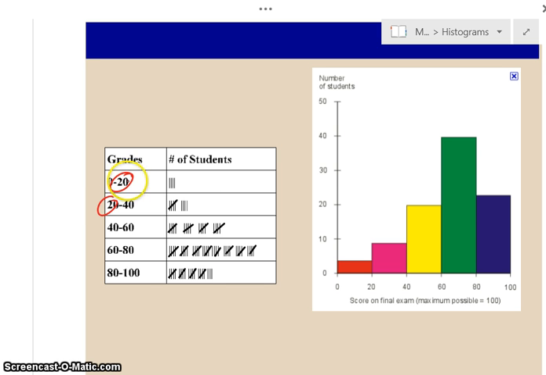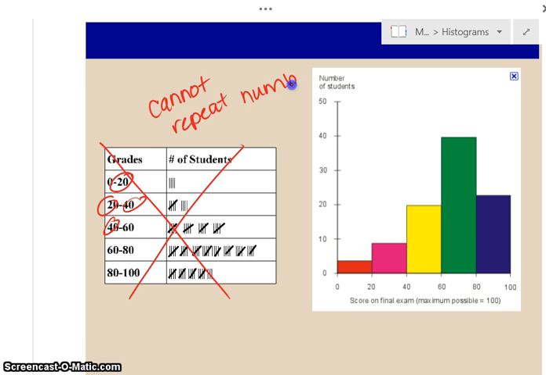Here they're repeating 20 in the first 2 intervals, they're repeating 40 in the next 2, etc. So this is actually bad. You cannot repeat numbers in different intervals.